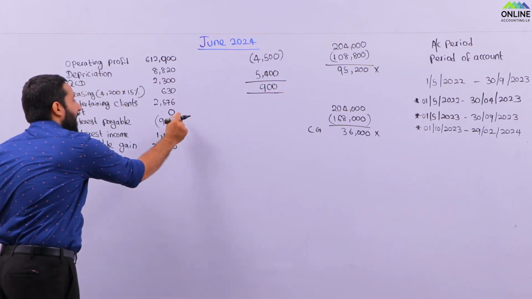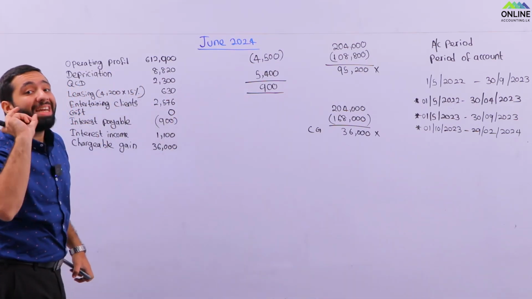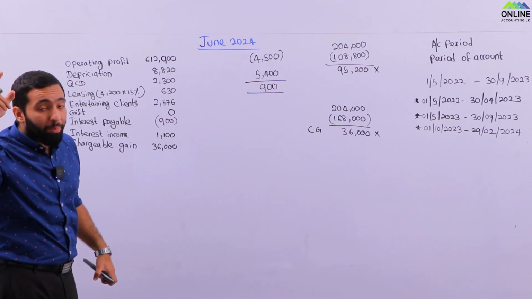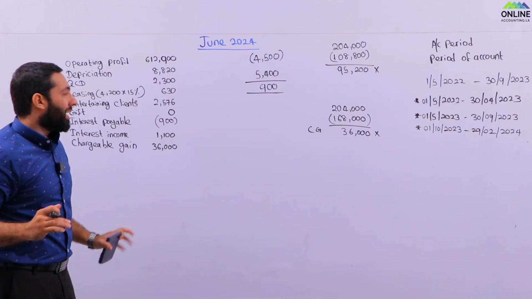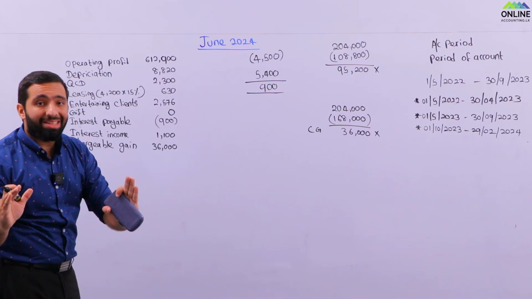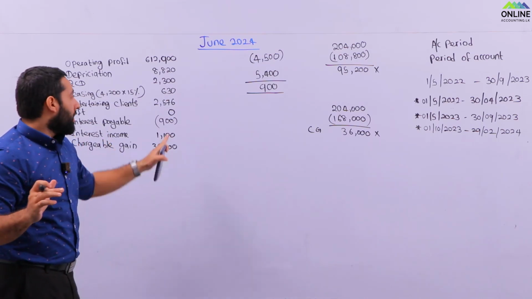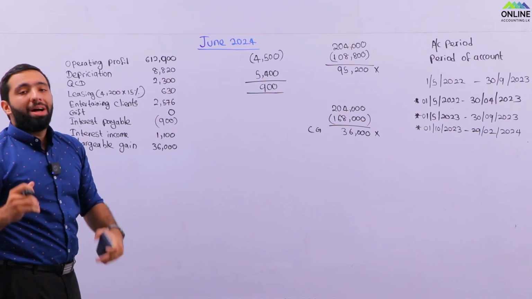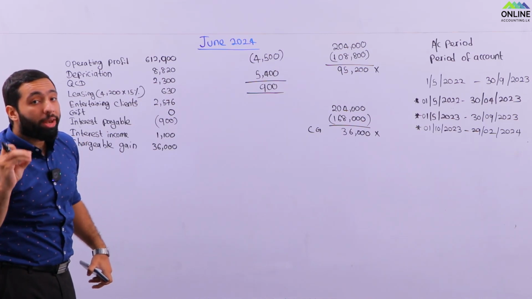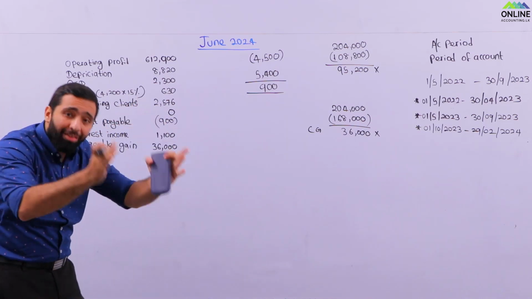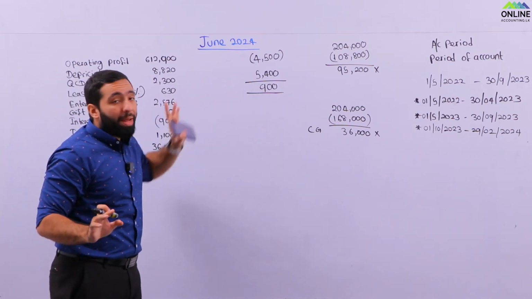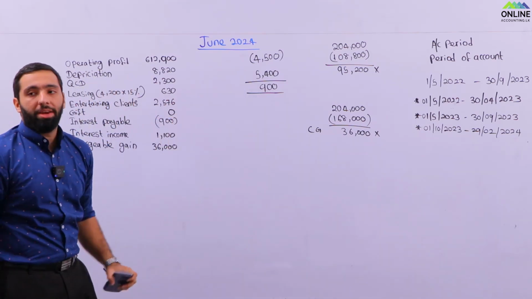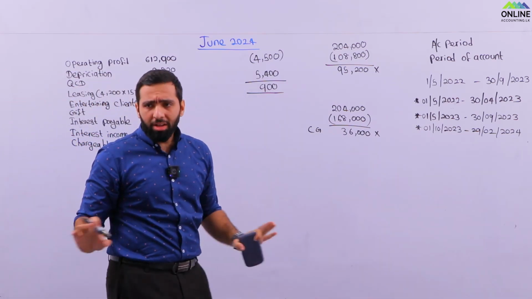That is what we have done here. Remember the accrual basis explanation that I gave? The interest payable and the interest receivable should go on accrual basis, what is relevant for that year, and not on the payment. That is very important, simple.